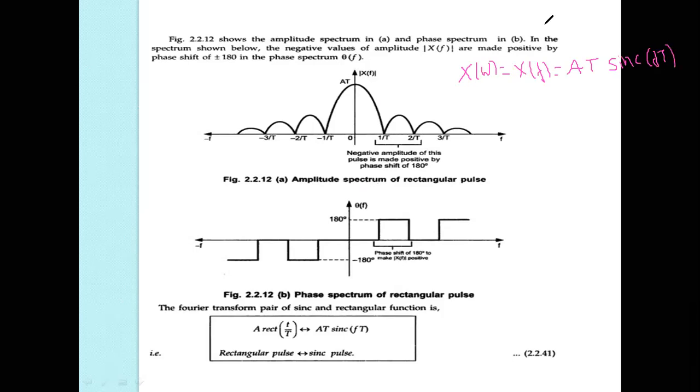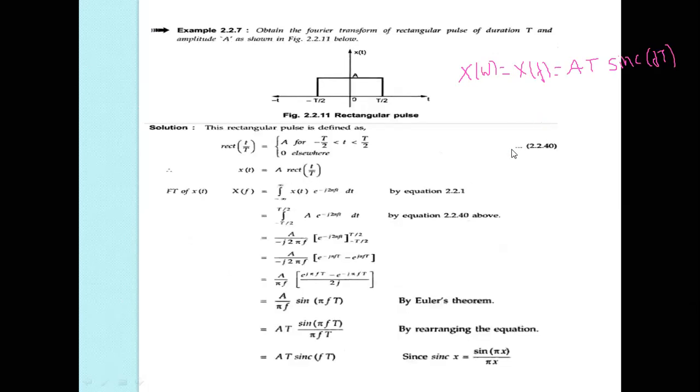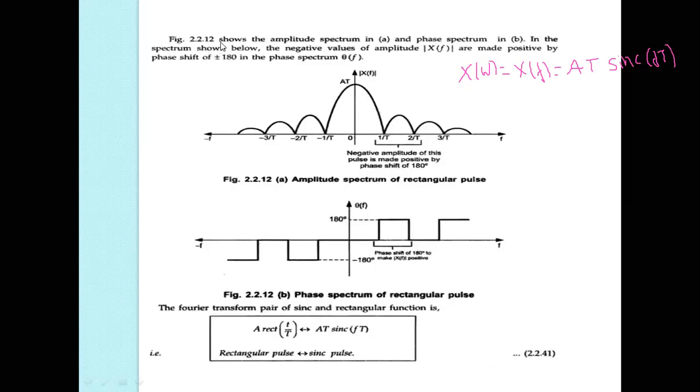Is it right? In the phase spectrum, the negative values of amplitude X(f) are made positive by a phase shift of plus or minus 180 degrees.